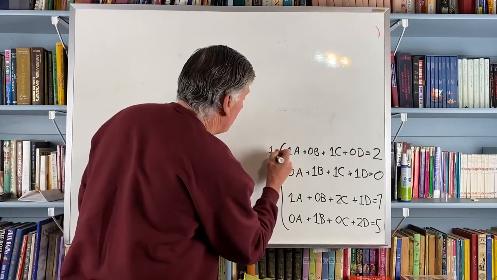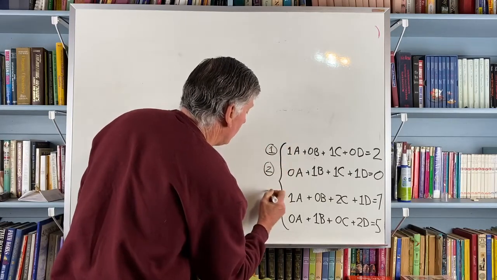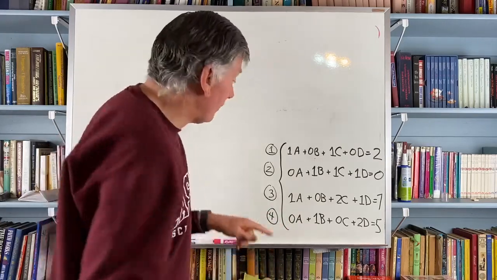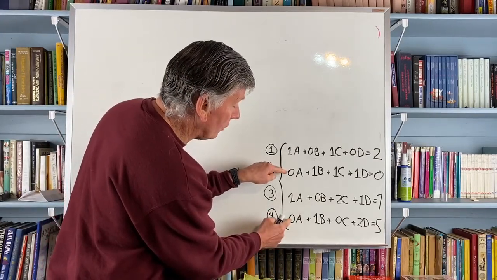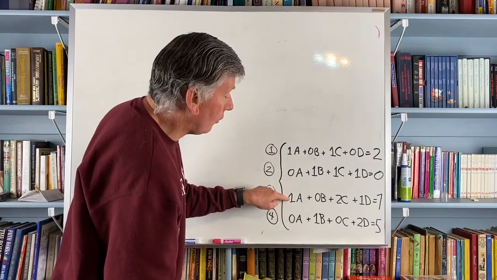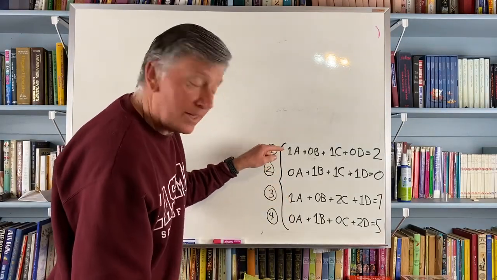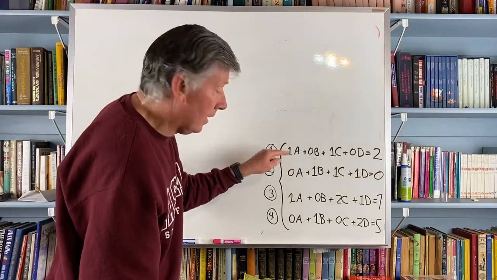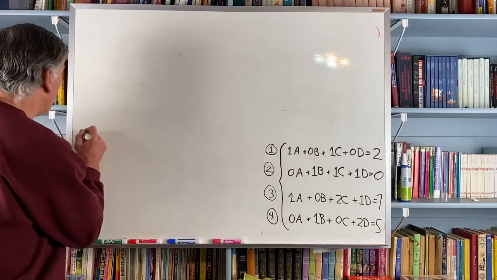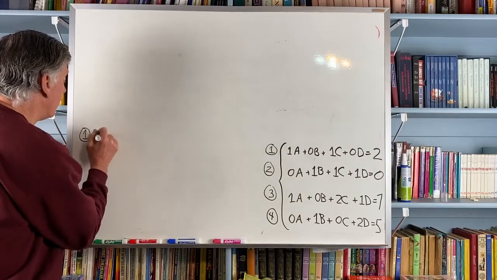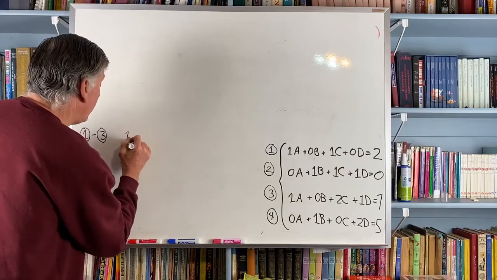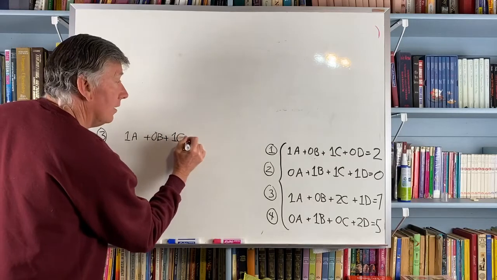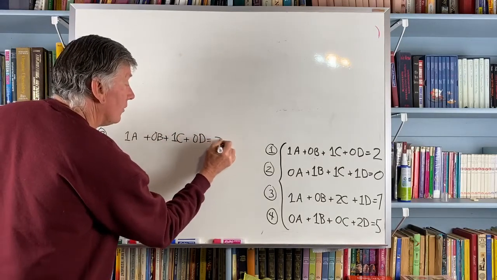This is equation number 1, this is 2, this is 3, and this is 4. To go after my triangulation, I already have zeros in 2 of these slots here. I'd like to make a 0 there. What I'm going to do to get that is subtract equation 3 from equation 1. That's going to give me a 0 there. So I'm going to say 1 minus 3 is, and I'm going to go 1a plus 0b plus 1c plus 0d equals 2.